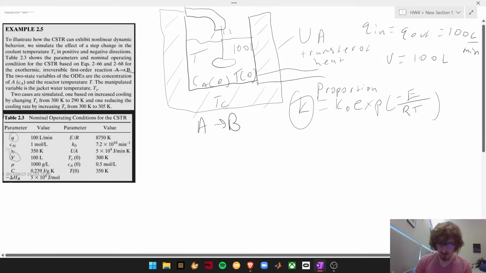And then to find the actual rate, or the reaction rate of A, we're simply going to have to multiply our k times our concentration of A. And this is per unit volume.